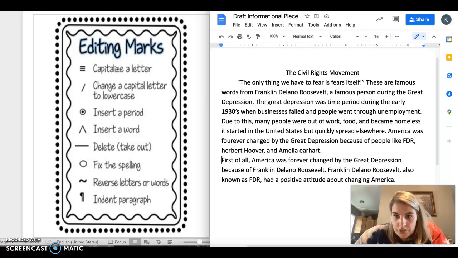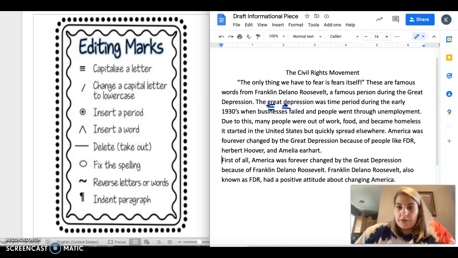The Great Depression looks like it was capitalized before, but it's not capitalized then. So if I was editing this paper from someone, I would just put my 3 lines just like that under the G and the D. So 3 lines means capitalize the letter. I would capitalize that G and the D for Great Depression.